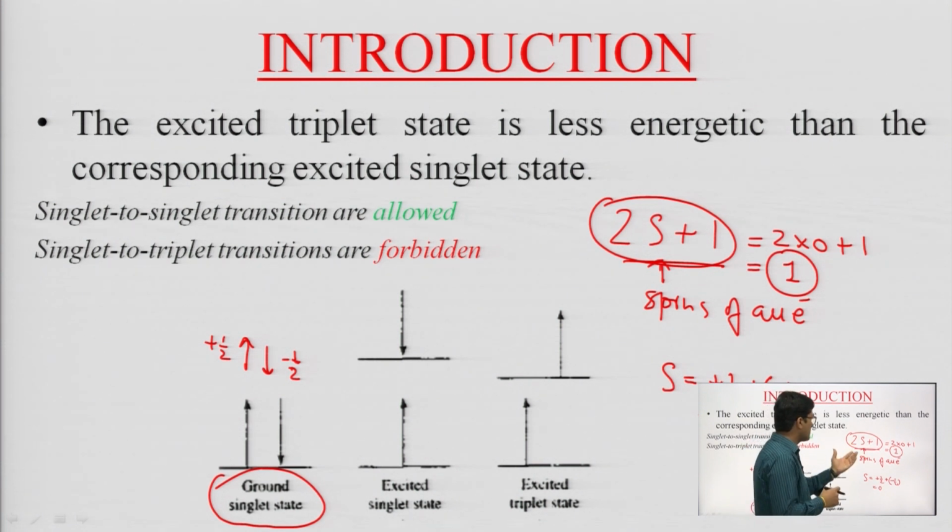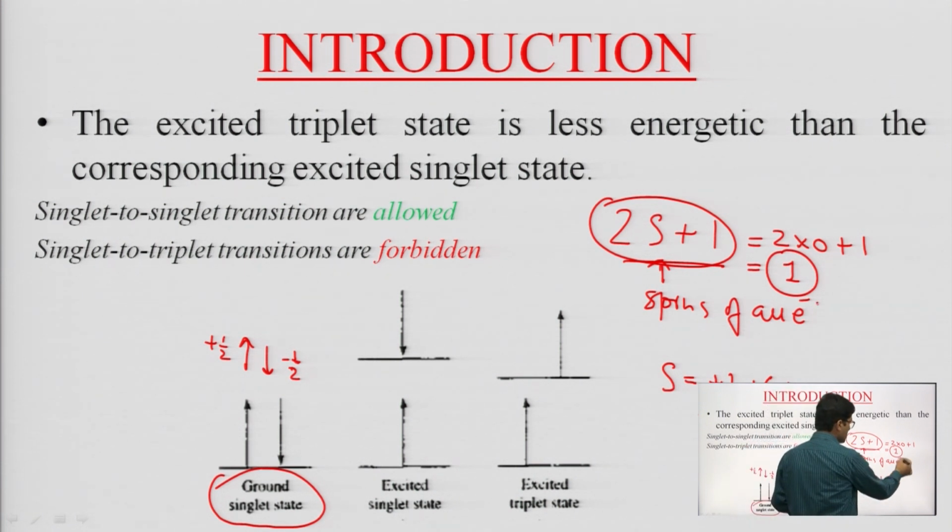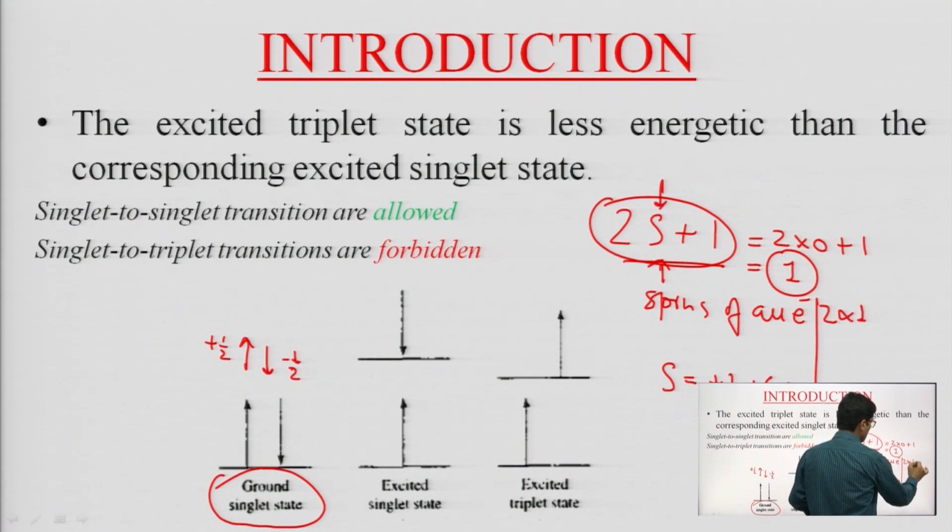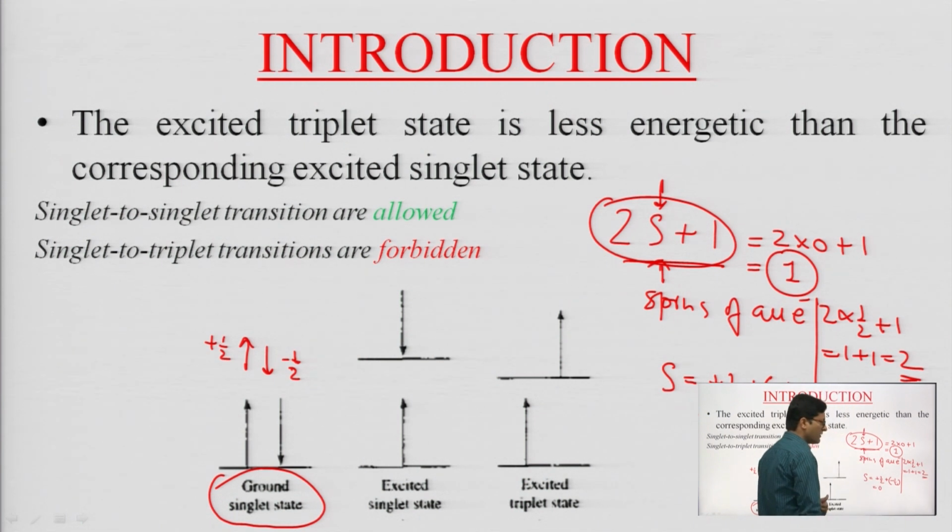If we put this free radical situation here, S becomes 1/2. So, 2 into 1/2 plus 1 becomes 1 plus 1, that is 2. That is why, as discussed earlier, free radicals have doublet spin states. This is the reason why the ground state of a free radical is the doublet.